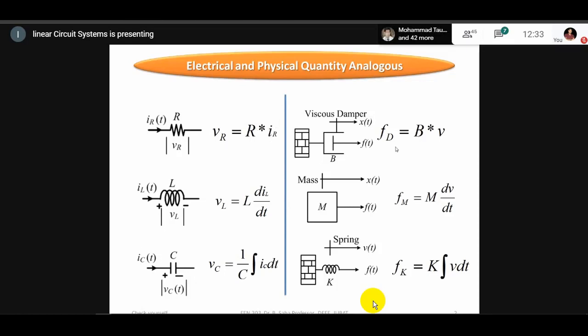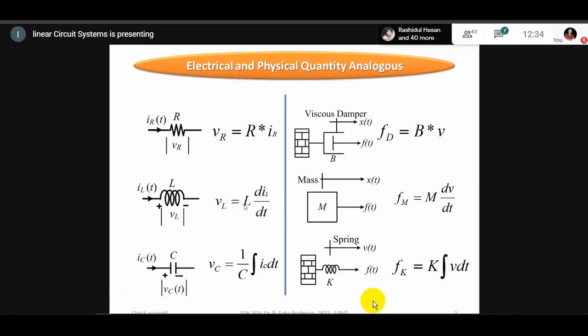In the case of a viscous damper, as I mentioned, the viscous damper is a piston that goes up and down. The piston itself has a damping constant, B, and a moving velocity. Here the relation, you see, the V is velocity. Don't confuse that it is voltage. No, it is velocity.